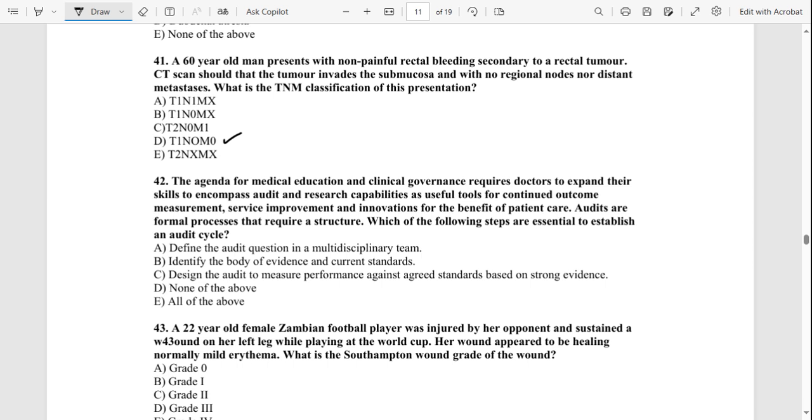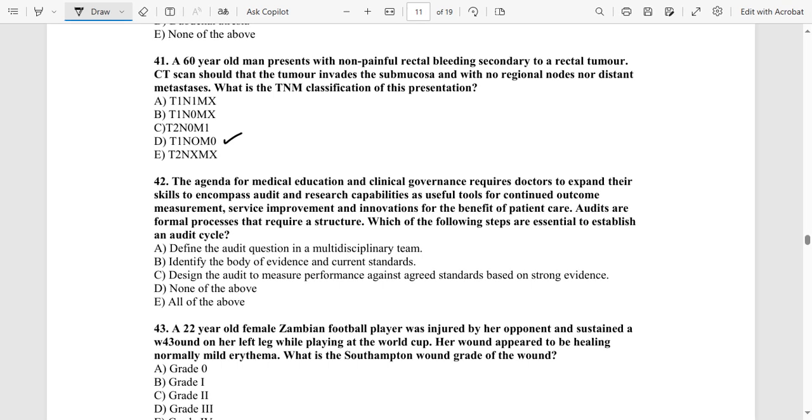Which of the following steps are essential to establishing an audit cycle? Define the audit question in a multidisciplinary team. Identify the body of evidence and current standard. Design the audit measure. Performance against agreed standards based on strong evidence. None of the above or all of the above.